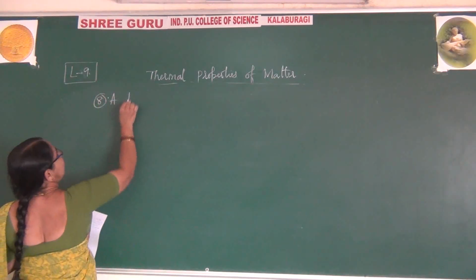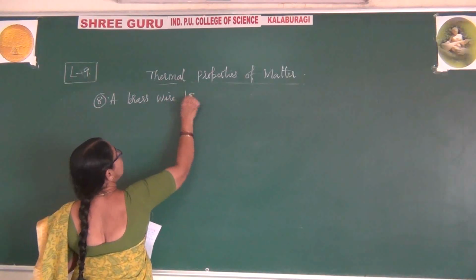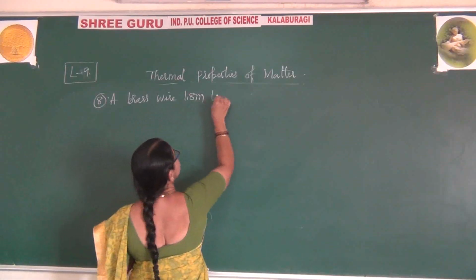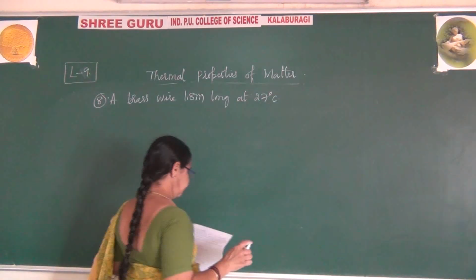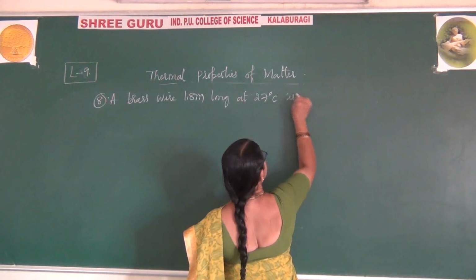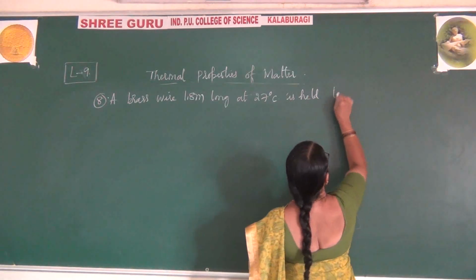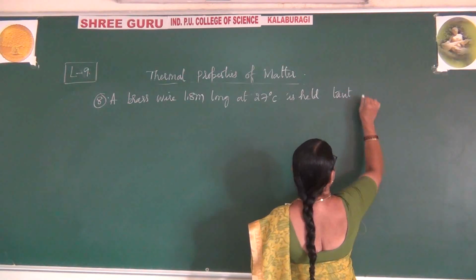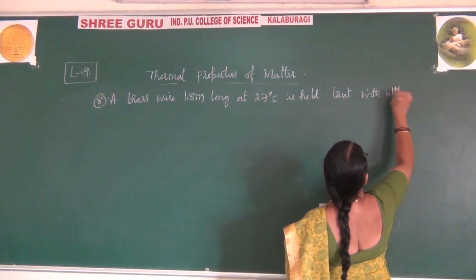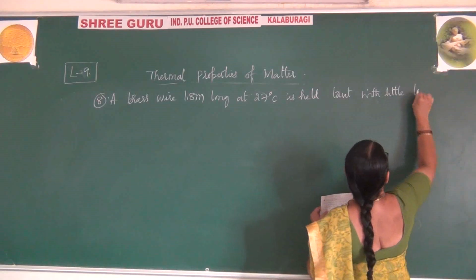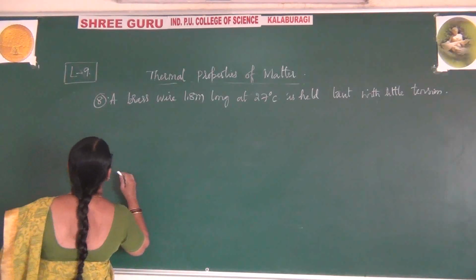A brass wire 1.8 meter long at 27 degrees centigrade is held taut with a little tension between two rigid supports.